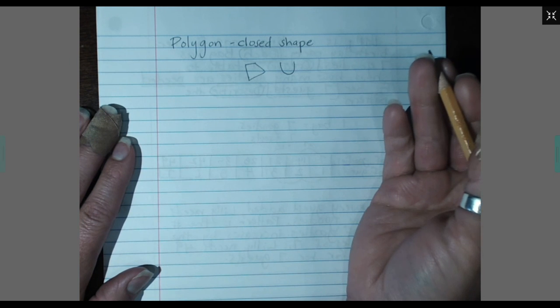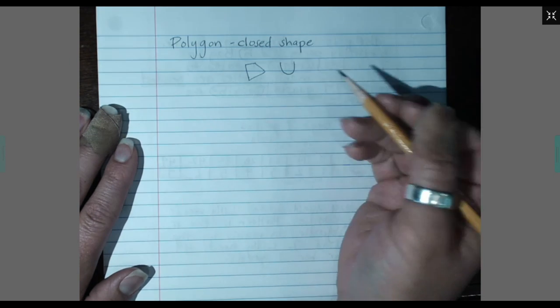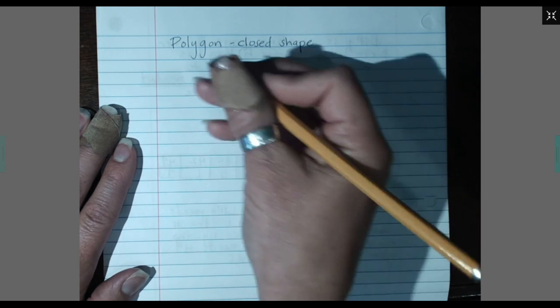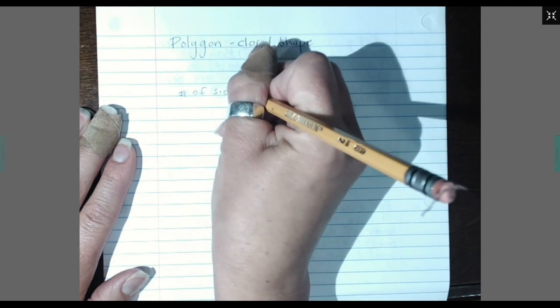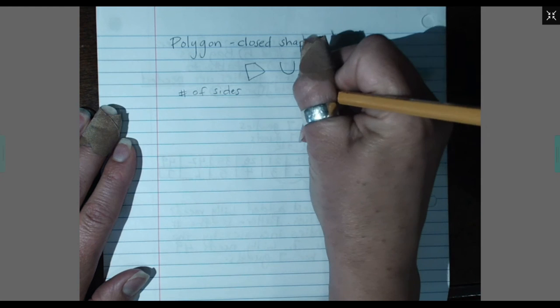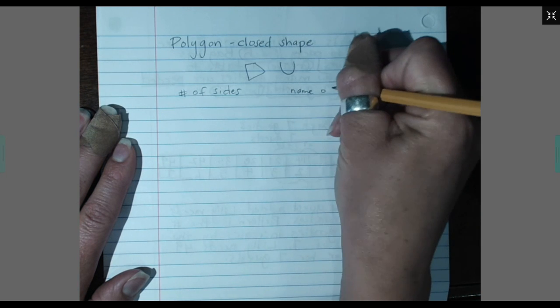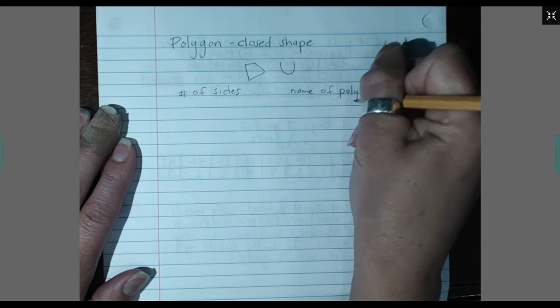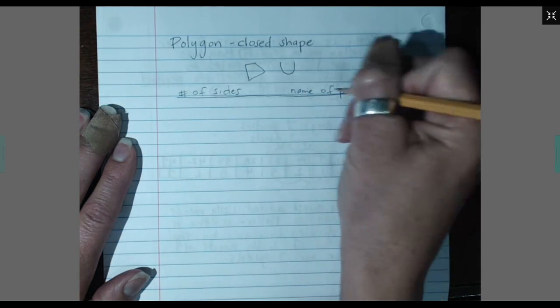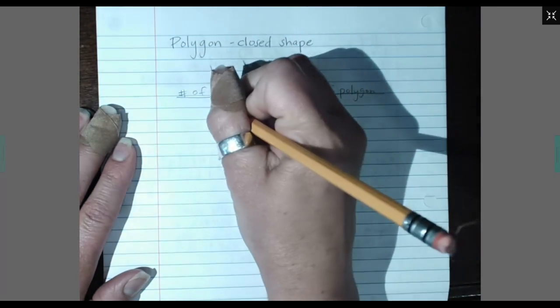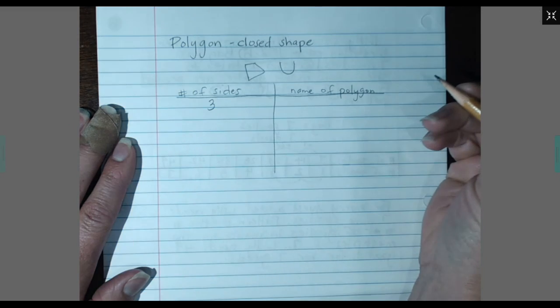So there's lots of different polygons, and most of the times we classify them based on the number of sides. The number of sides tells us the name of the polygon. So if we have a shape that has 3 sides, what's the name of that shape?